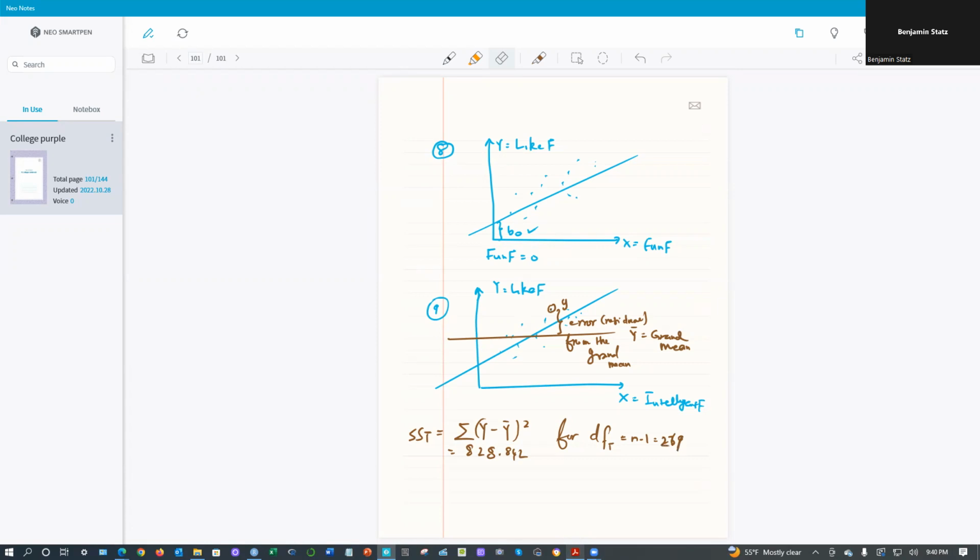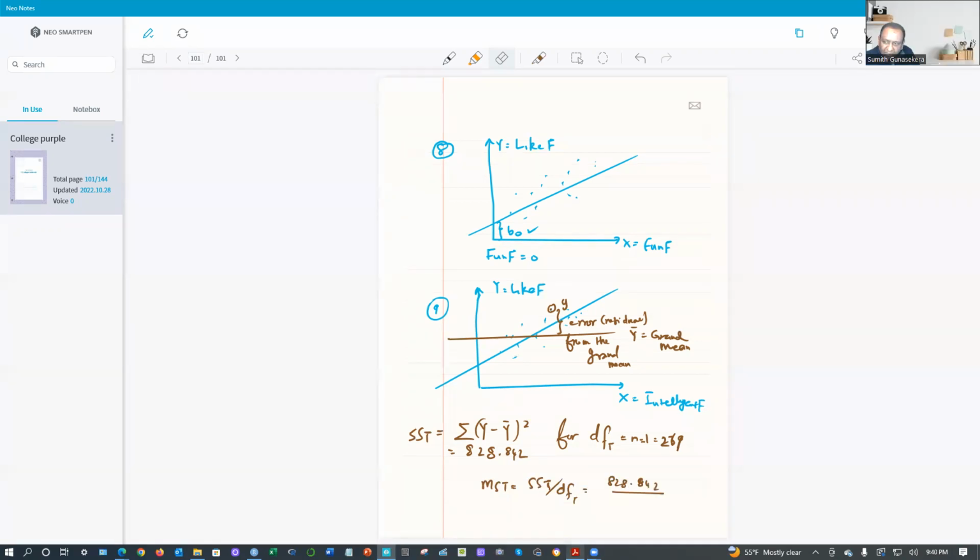Then rather than looking at the sum of squares total, we look at it per degrees of freedom. That's called the average. Mean square total is the sum of squares total divided by the degrees of freedom of total.